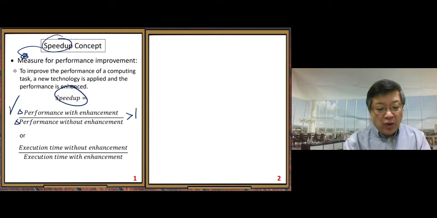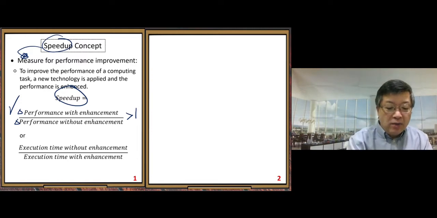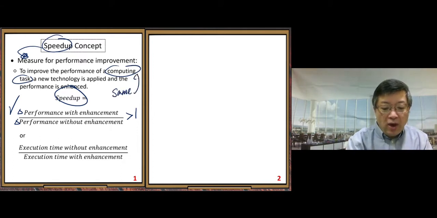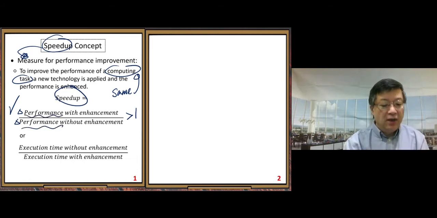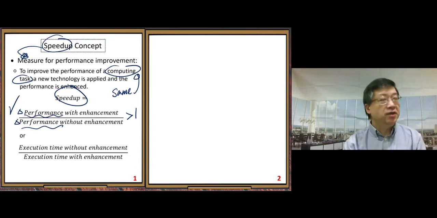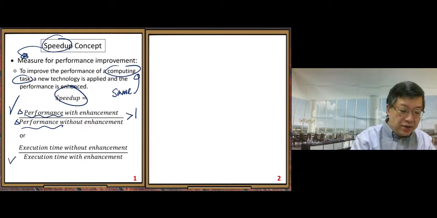Why? Because we are talking about the same computing task. When we apply this performance measure on the same computing task, then we do not misuse it. It's a fair comparison. We do not misuse it.